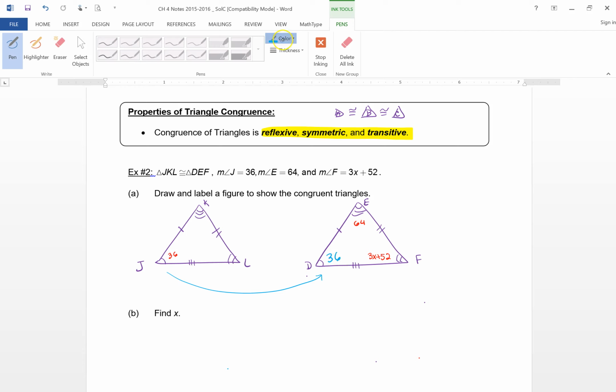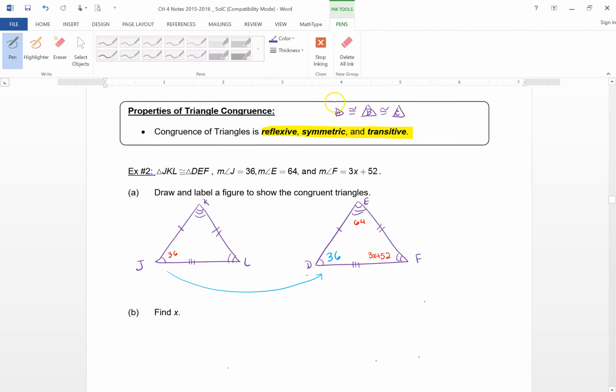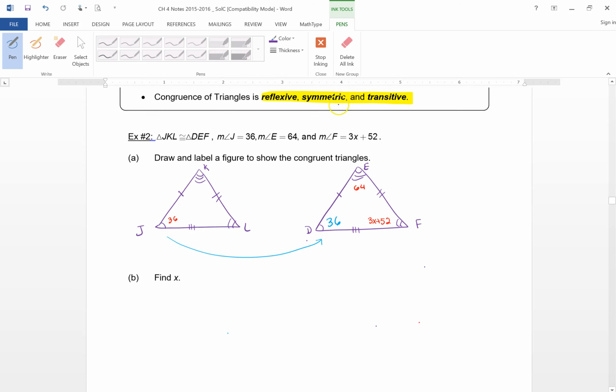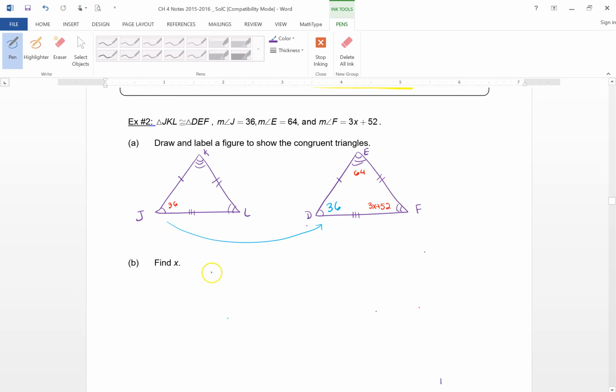And now can I find x? Right, so 64 plus 36 plus 3x plus 52 is 180. And how much is this? 3x plus 152 is 180. 3x is 28, so x is 28 over 3. Okay?